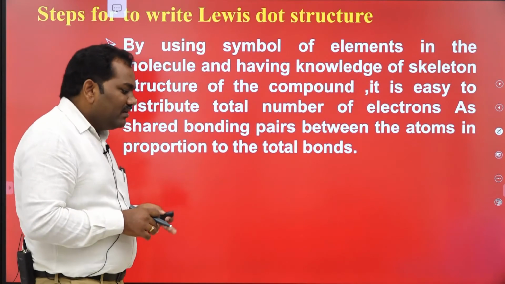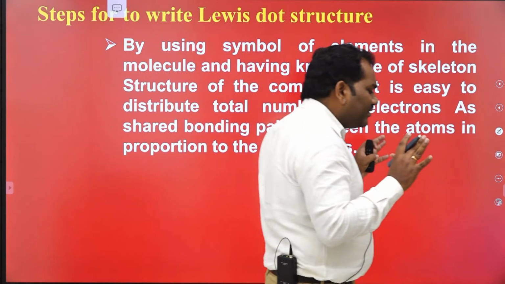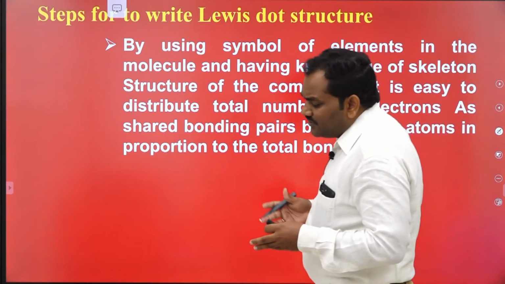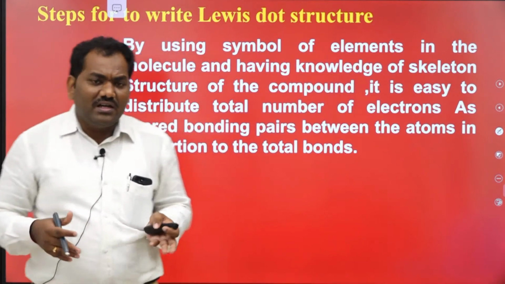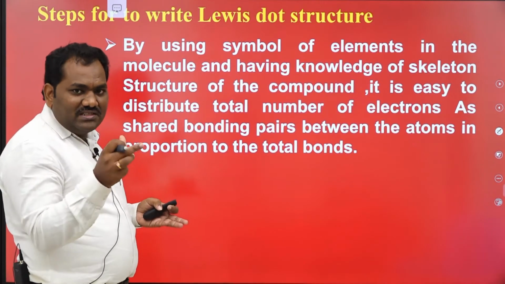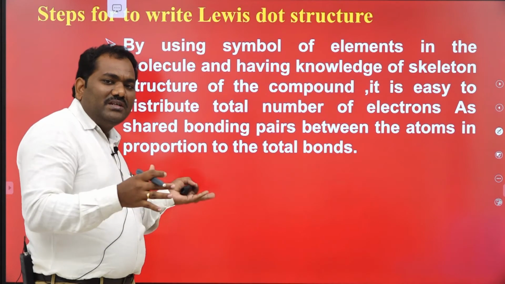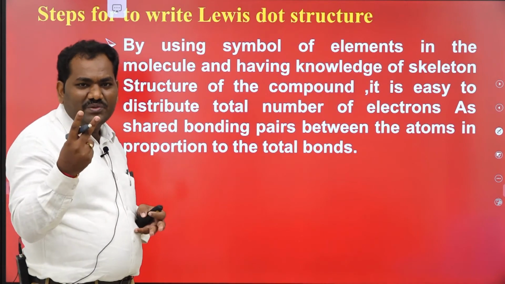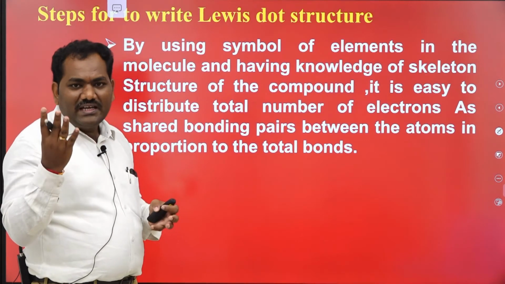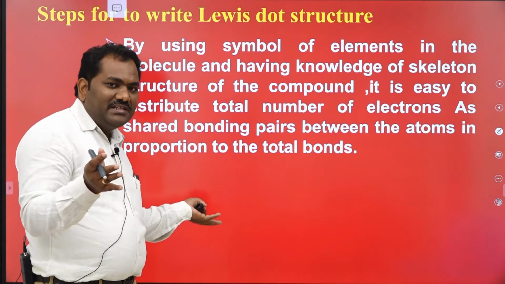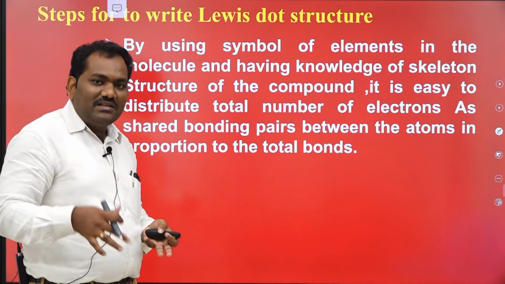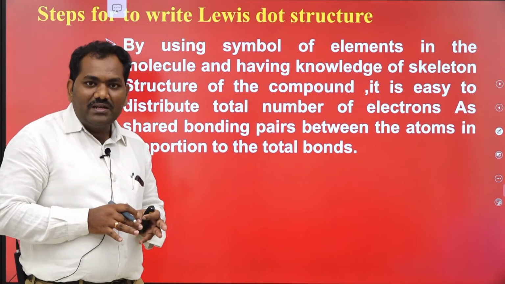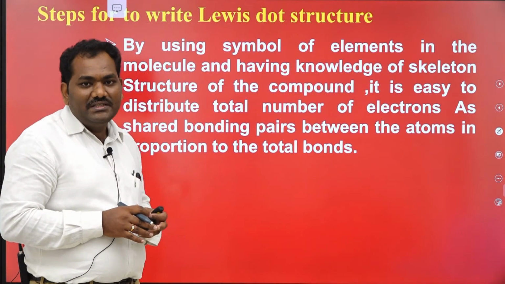It means after calculating the total number of valence electrons, and knowing the symbols of the elements and the skeleton structure, whether linear or bent: if a molecule has 3 bonds, it has a planar shape. If it has 2 bonds, it maintains a linear shape. If it has 4 bonds, it maintains a tetrahedral shape, like that. By using that knowledge, we can distribute the bonding pairs of electrons according to the bonds present in the molecule.